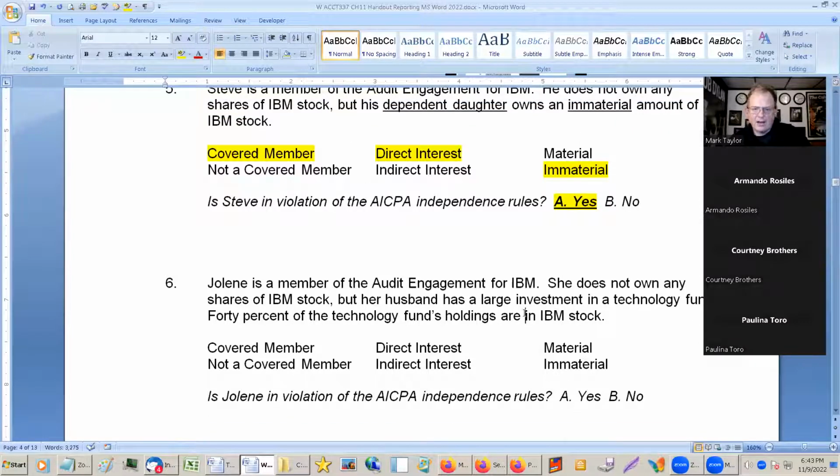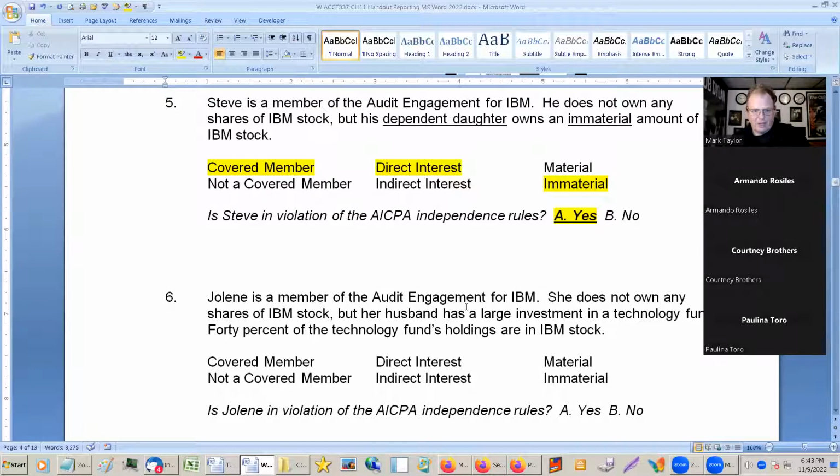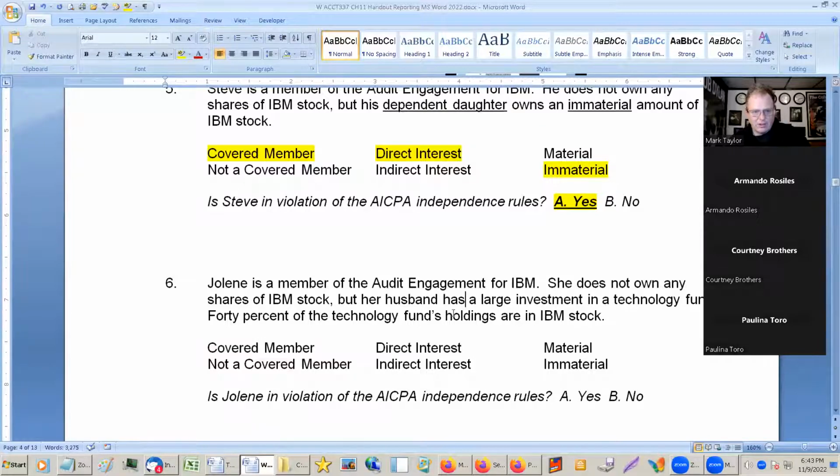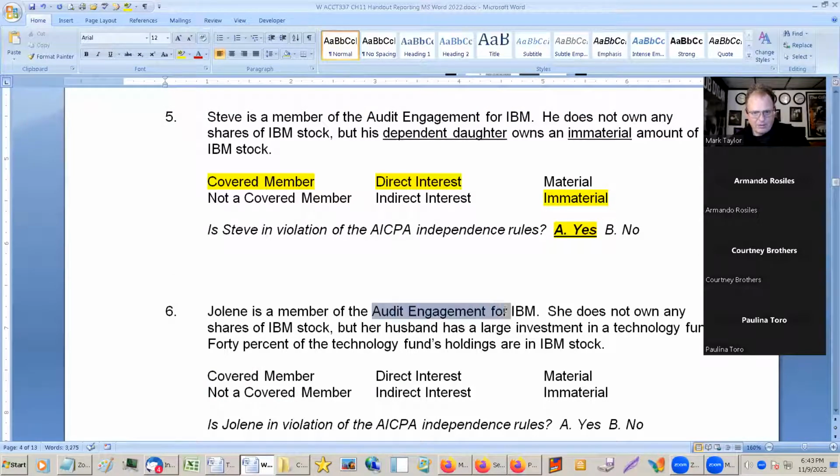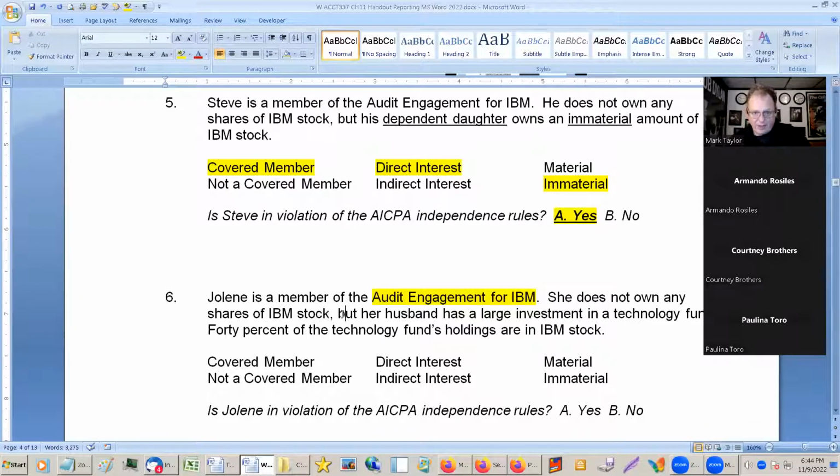Okay, and down here, this one's a little bit of a judgment call. Jolene is a member of the audit engagement for IBM. She does not own any shares of IBM stock, but her husband has a large investment in a technology fund. So it's a fund, but it's for technology.